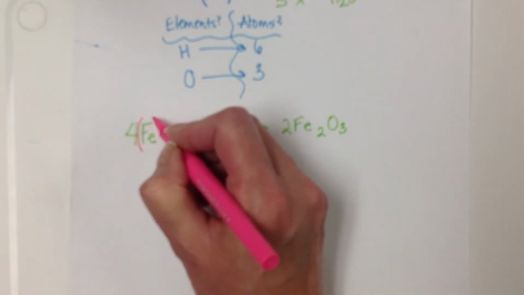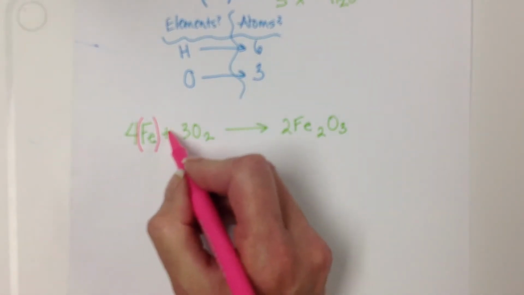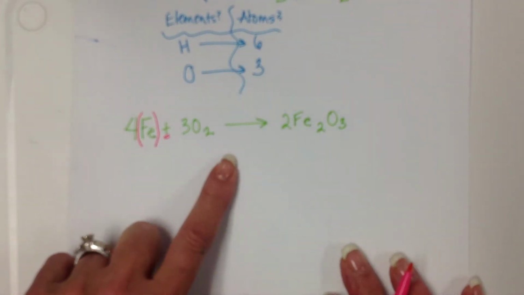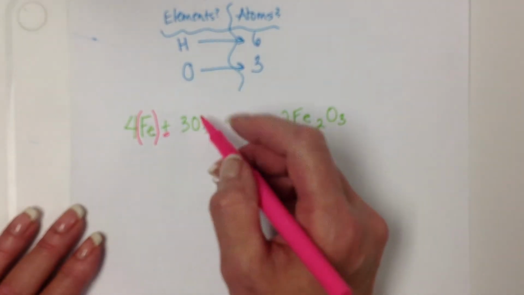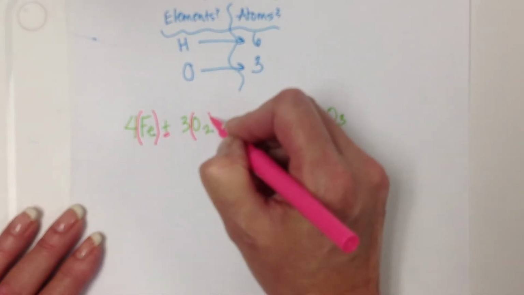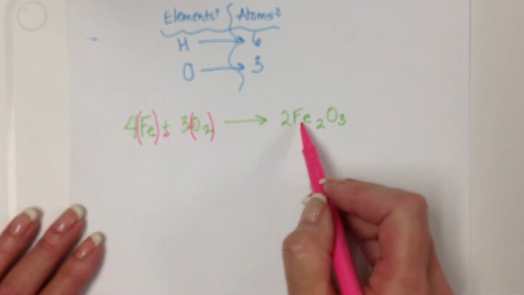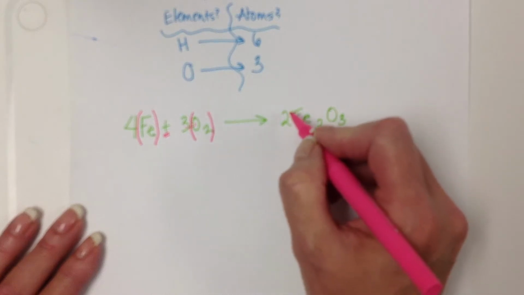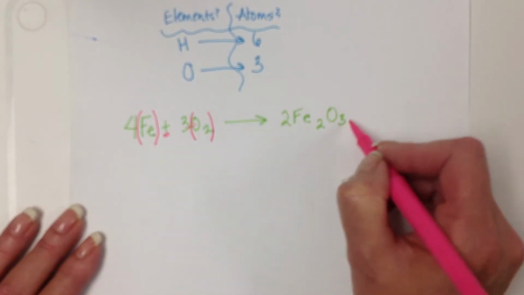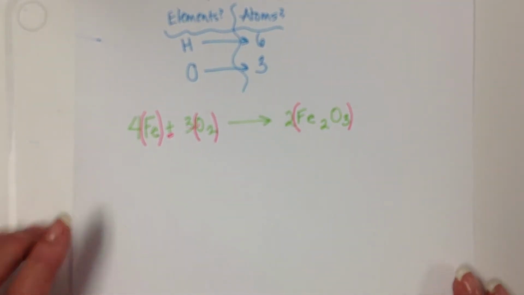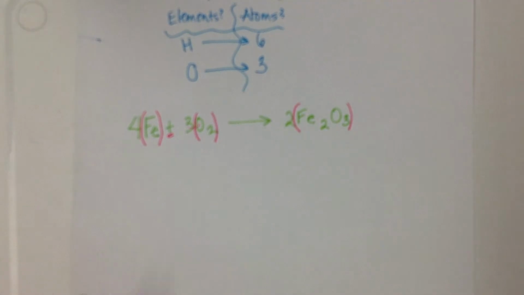This coefficient only goes with this because here's a symbol that separates it from the rest of the stuff. The 3 only goes with this because here's another symbol that separates it from the rest of this stuff. This 2, however, is in front of this whole chemical formula. So this 2 will actually go with this whole formula.